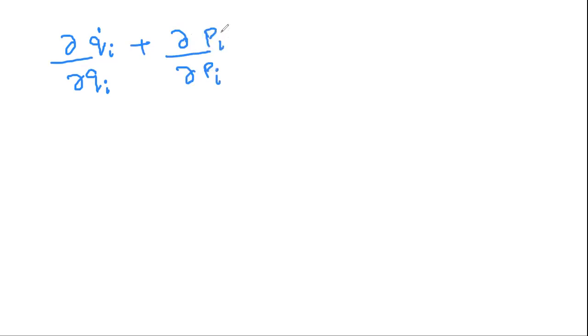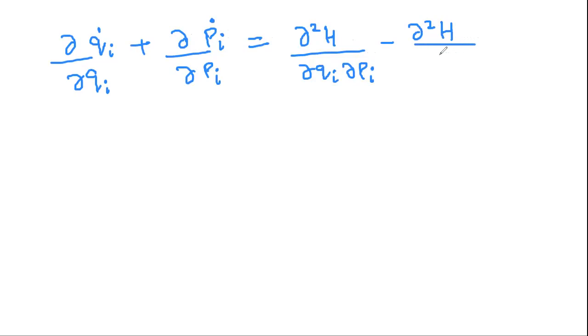That equation was dou by dou qi of qi dot plus dou by dou pi of pi dot, which is equal to dou 2H by dou qi dou pi minus dou 2H by dou pi dou qi, and this we established as equal to 0. This we name equation 3.